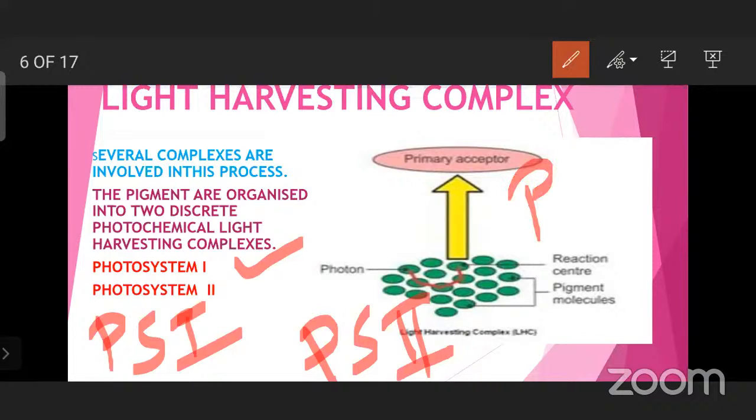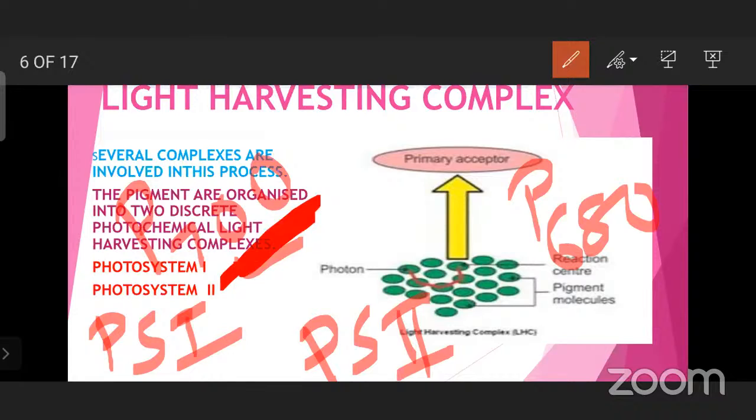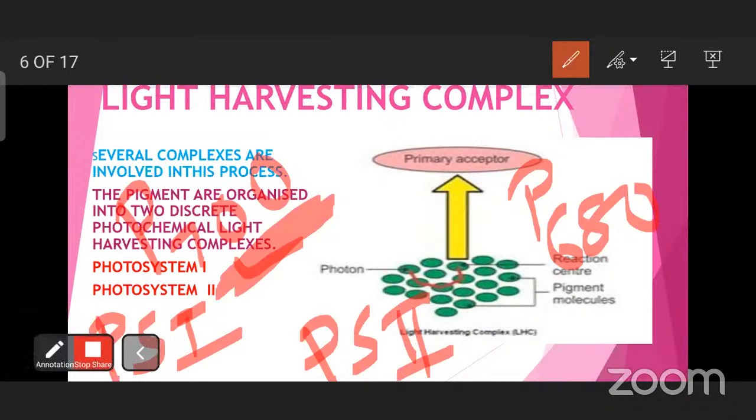The wavelengths are P700 and P680. In short, PS1 is P700 and PS2 is P680. P700, the red light area where the red wavelength is trapped by the chlorophyll molecules or the light harvesting complex, makes up PS1.